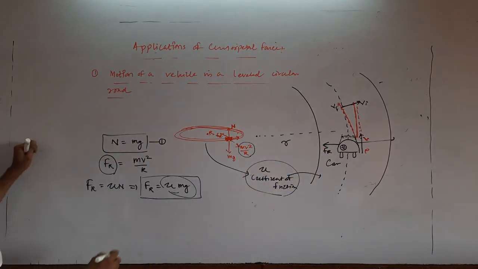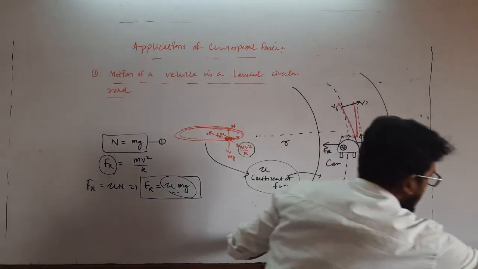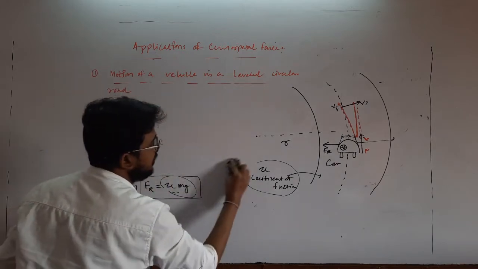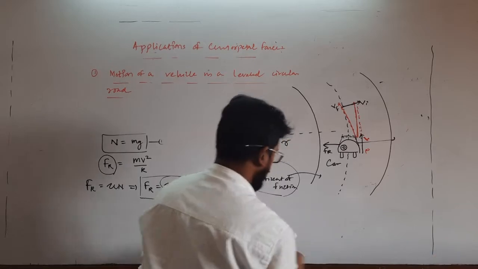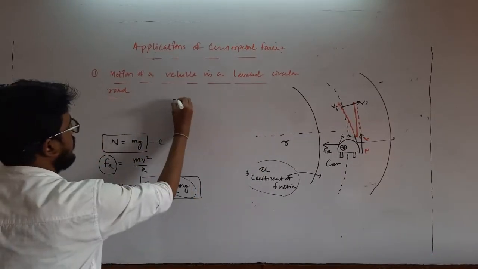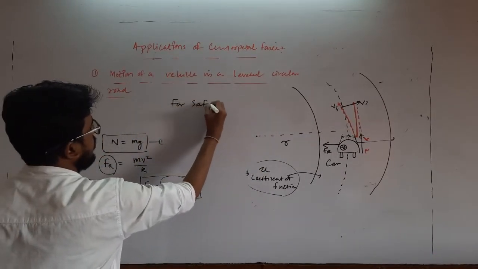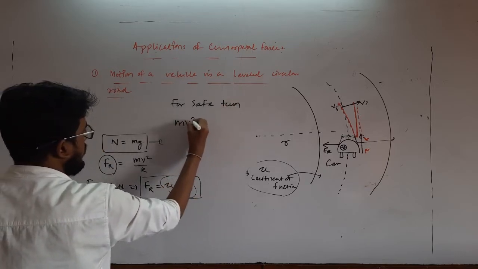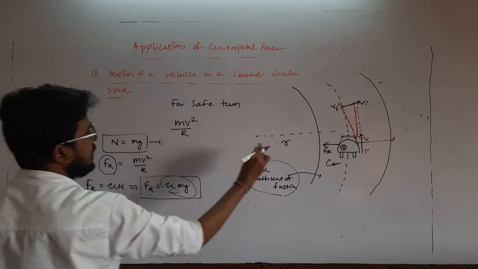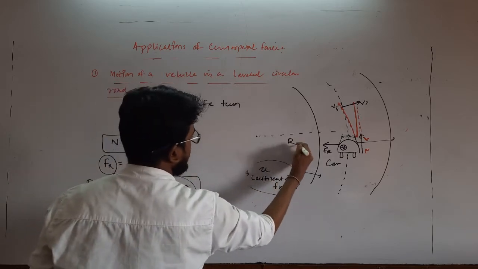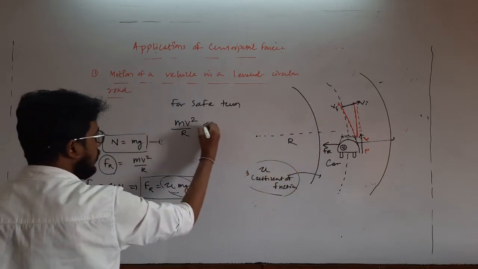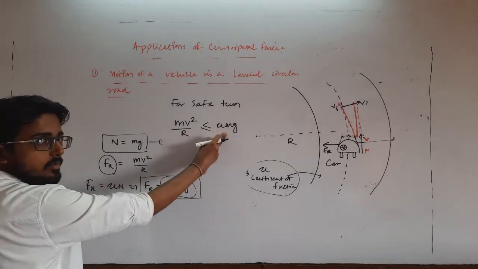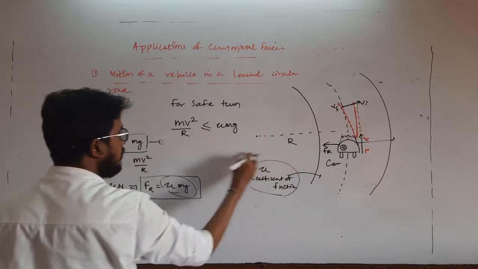So for safe turn, we can write here, the centrifugal force mv square by R, where capital R is the radius of the circular arc, must be less than or equal to mu mg, because this is the maximum frictional force that can apply on the vehicle.